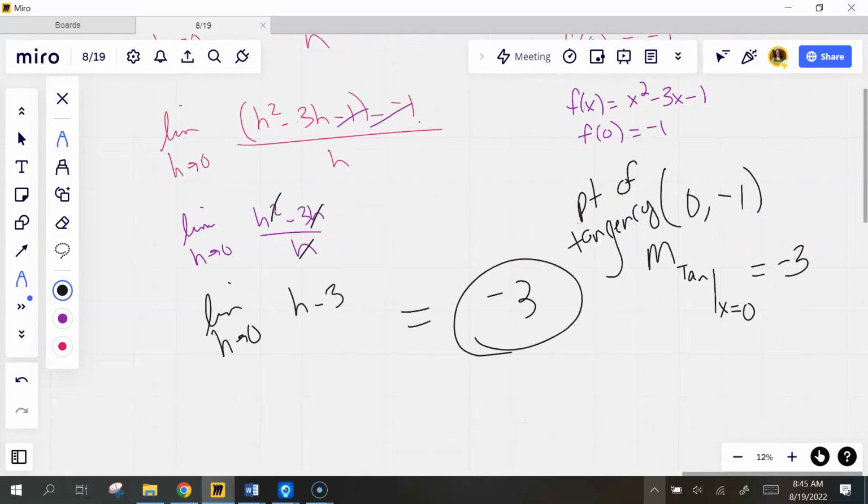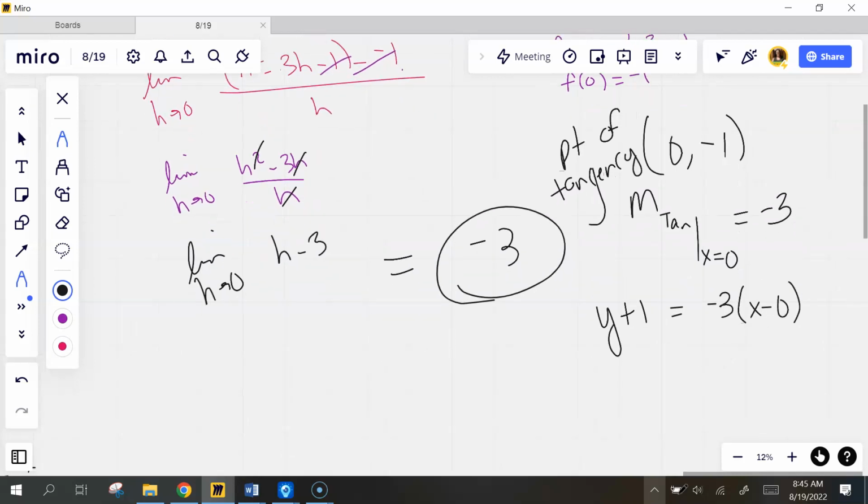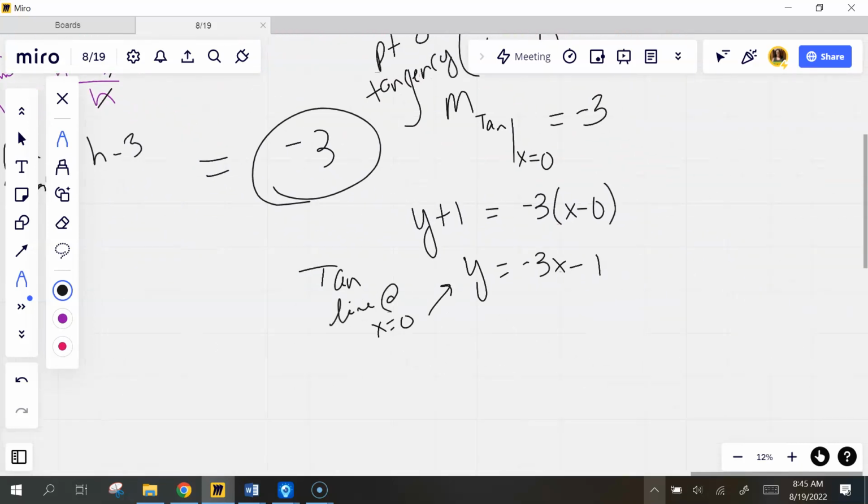So now the equation of the line, which is just -3x. How about the normal line?